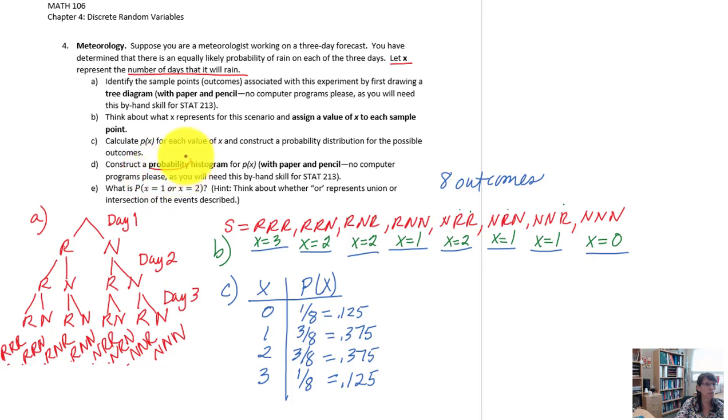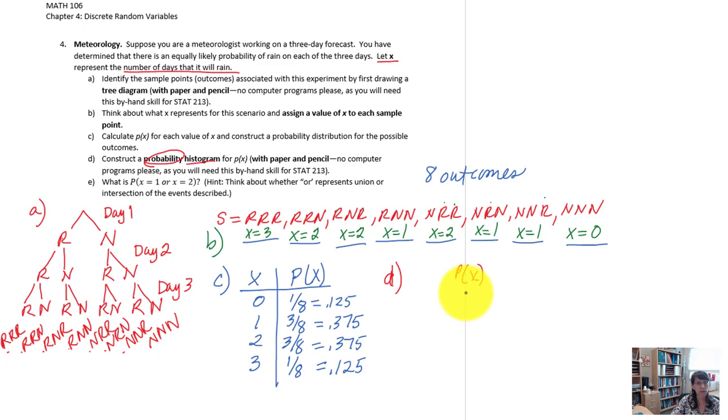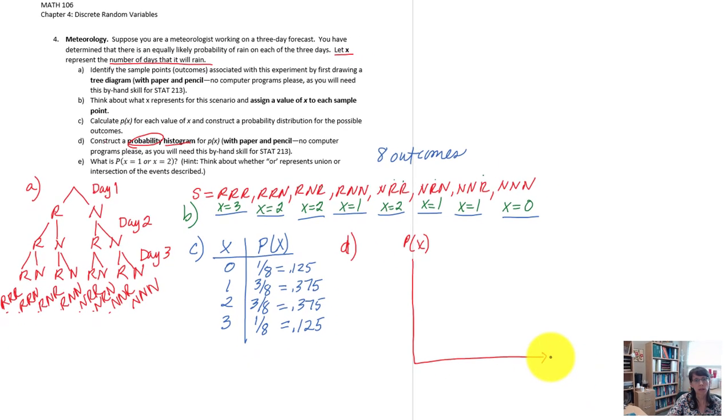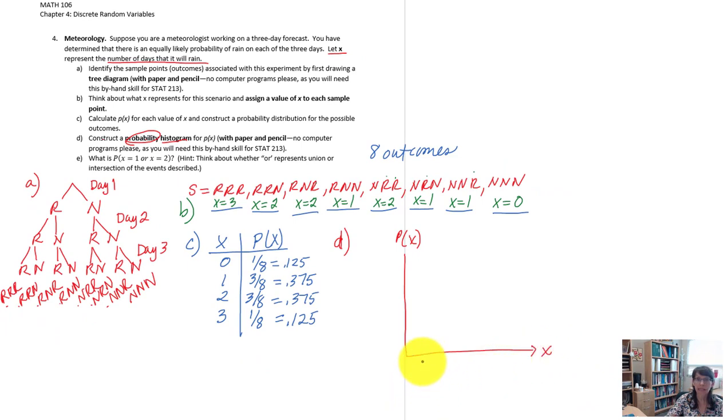In part D, we're going to construct a probability histogram. So notice it says probability, not frequency. So a probability histogram for P of x. Our probability of x will be the vertical axis, and our horizontal axis will be x, which represents days of rain. We know that the days of rain can assume the values of 0, 1, 2, or 3.